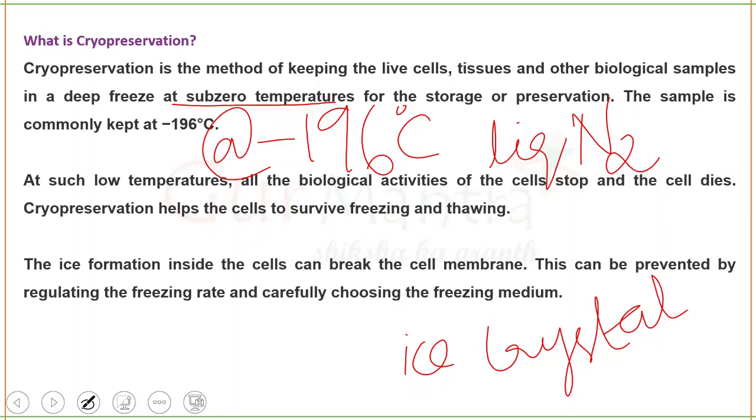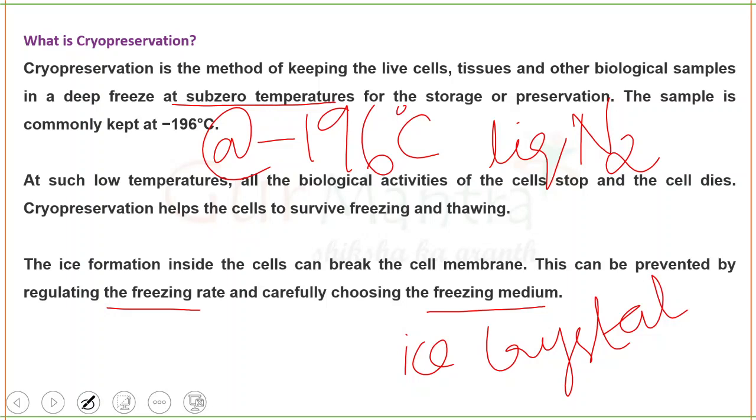So there are two important things which are taken care of in cryopreservation. One is the freezing rate and the other one is the freezing medium. So what is the freezing rate? It is the rate at which you start freezing your sample. How are you freezing your sample? At what rate? At what speed? At what temperature?